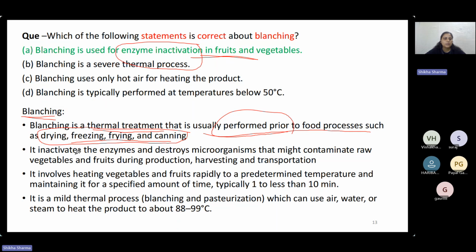It is a thermal treatment. It inactivates enzymes and it destroys microorganisms that might contaminate raw vegetables and fruits during production, harvesting, and transportation. So it inactivates the enzyme, which is why the statement is correct.